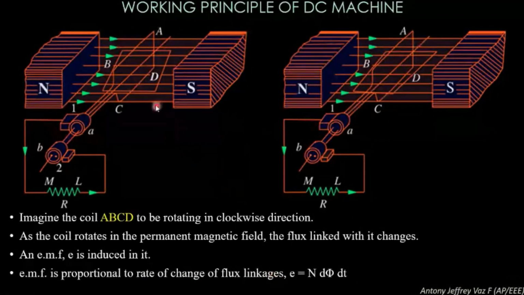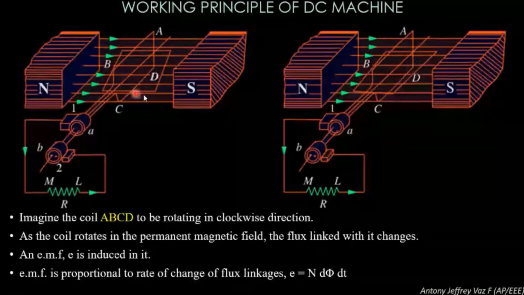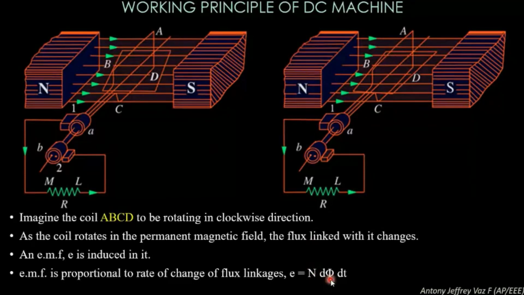So the total amount of EMF produced in this coil will be equivalent to N dφ/dt. Here N represents the number of turns present in the coil, the φ term represents the total amount of flux linkage in the coil, and dt represents the time taken for the rotation. So the total induced EMF produced due to flux linkage is E, which is equivalent to N dφ/dt.